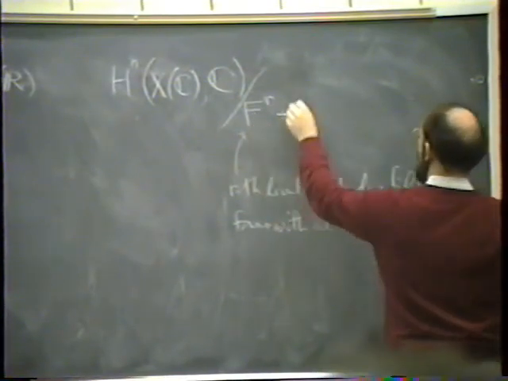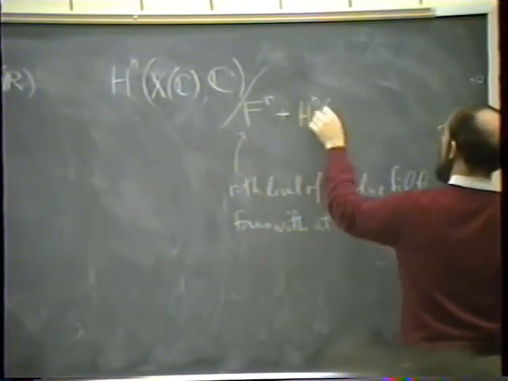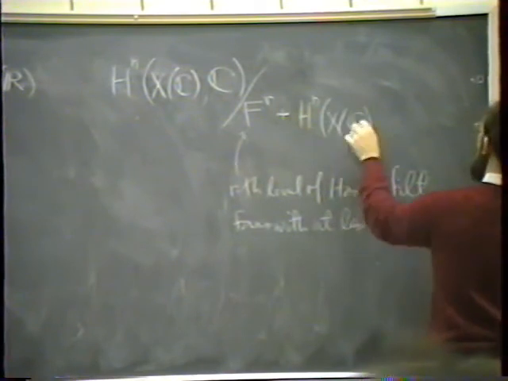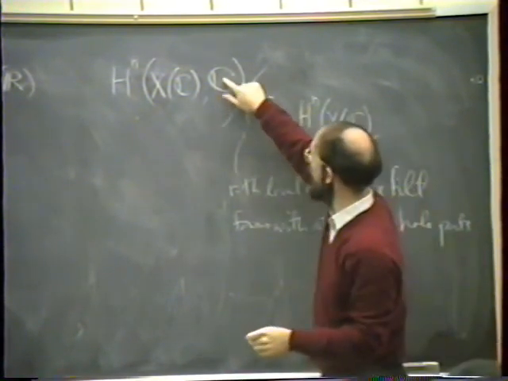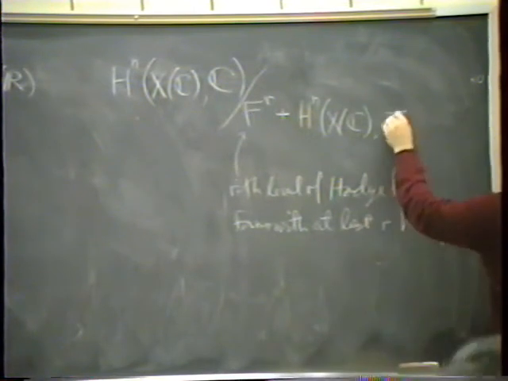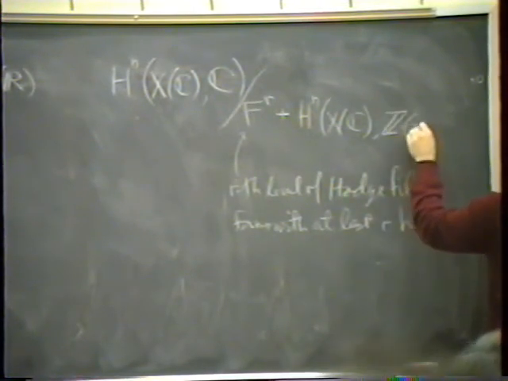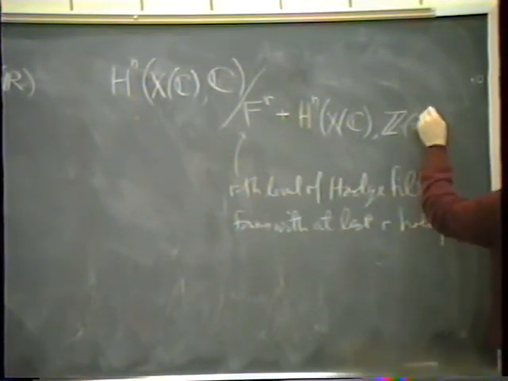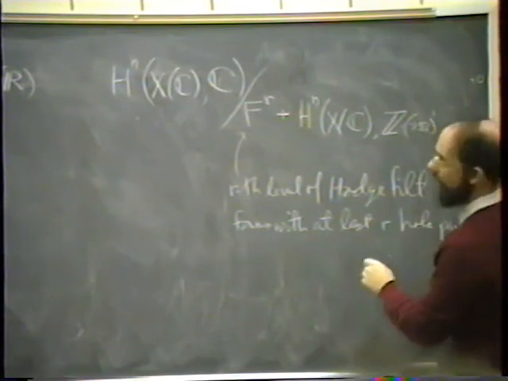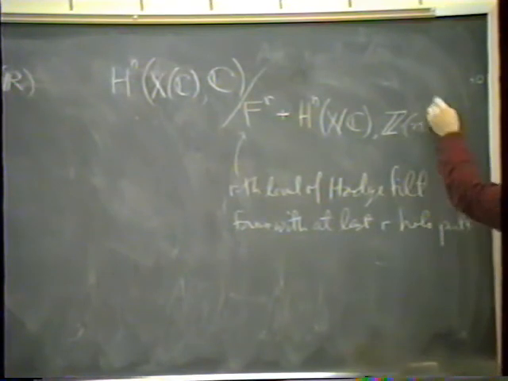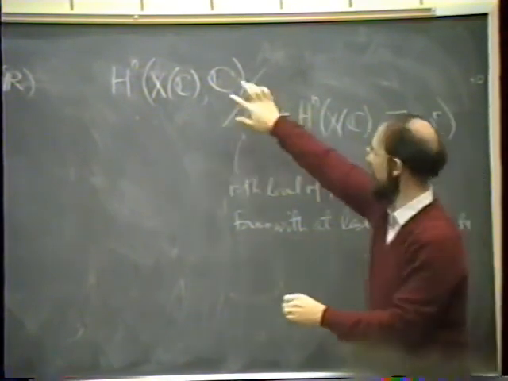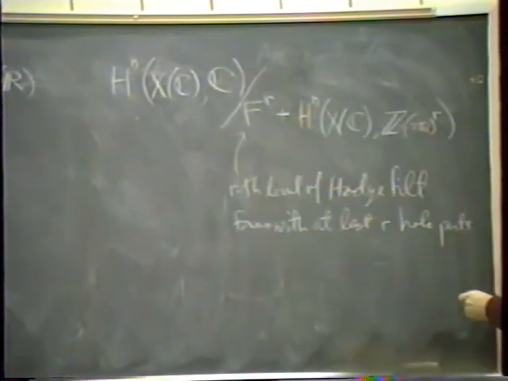And I also factor out by H^n(X(C)) with coefficients in a certain subgroup of this coefficient group, and the subgroup is just Z times (2πi) to the power r. Just think of this thing as contained in there.